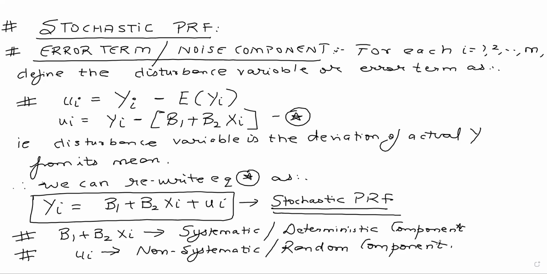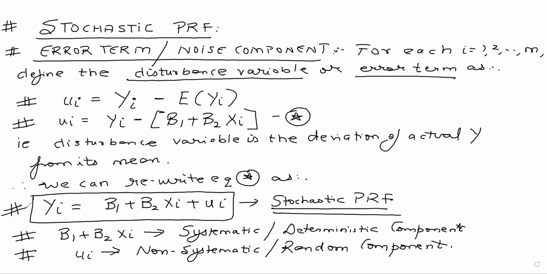Everything on the right hand side was deterministic. But in this lecture, the stochastic population regression function also contains the disturbance variable or the error term. It is the difference between the actual y and the expected value of y. So ui is yi minus b1 plus b2 xi. We can rewrite the equation like this: yi is equal to b1 plus b2 xi plus ui.